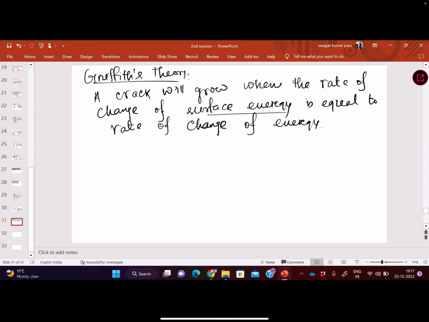Okay, so there are two terms: surface energy and strain energy. So if someone asks what is Griffith's theory, you should say this line only. This is the key.